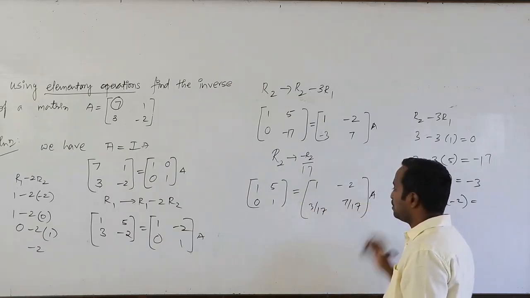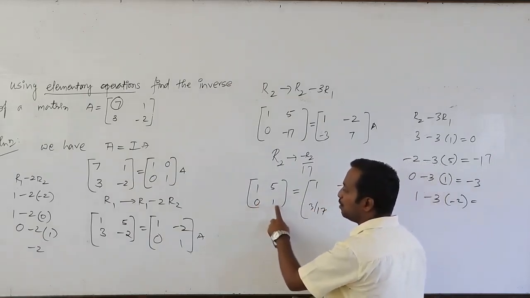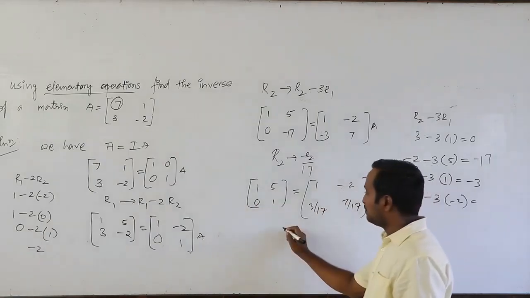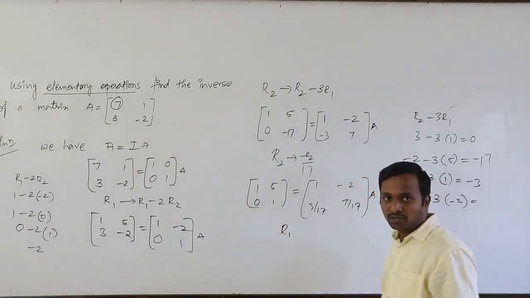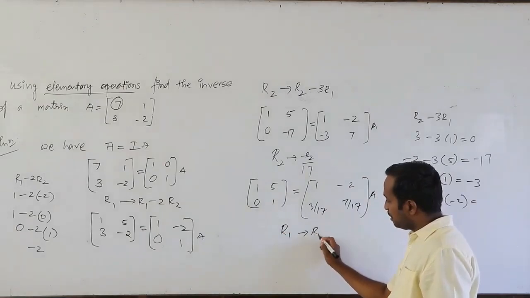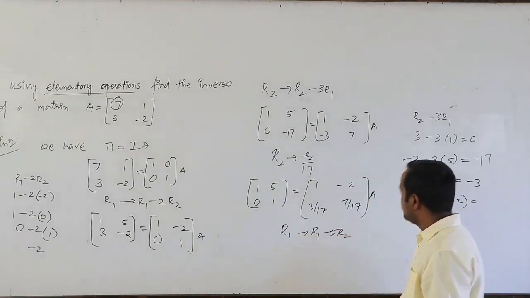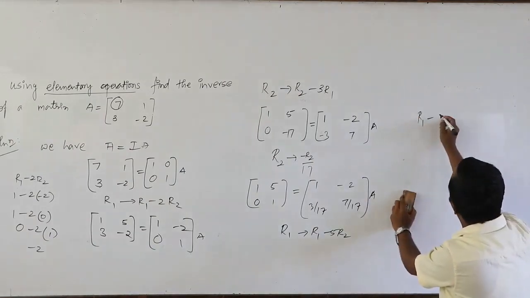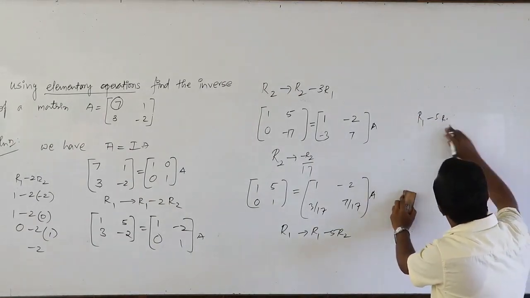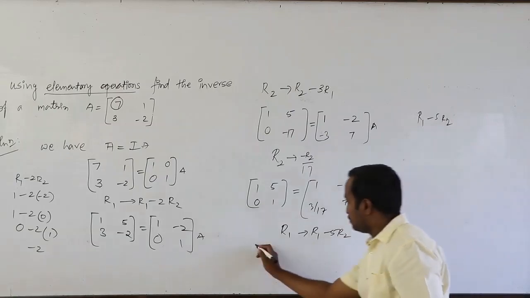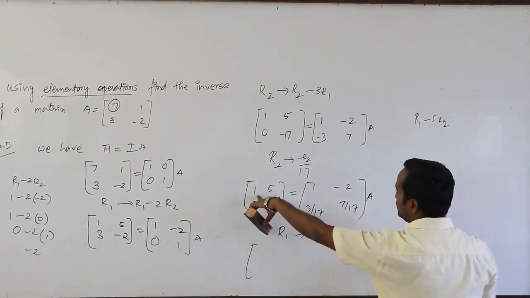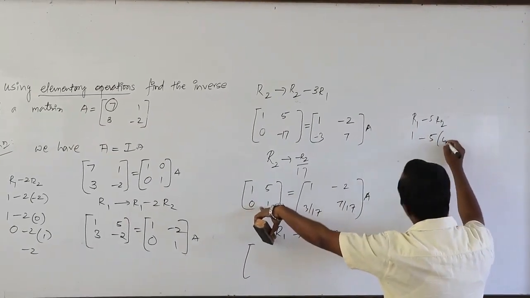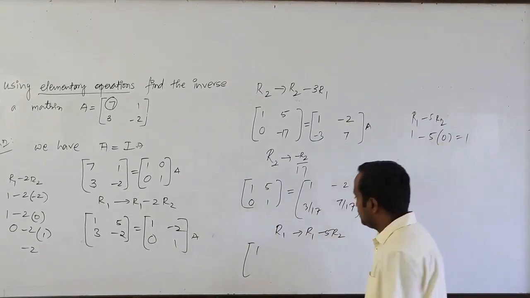Next, what I have to make use of: 1, 0, 1. This has to be 1. So what happened? This has to be 0, sorry. R1 replaced by R1 minus 5 R2. R1 minus 5 R2. Be careful. R1 minus 5 R2. So R1 change. R1 minus 5 R2 is 0. 1 it is.